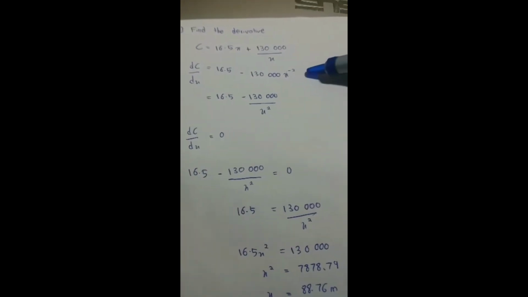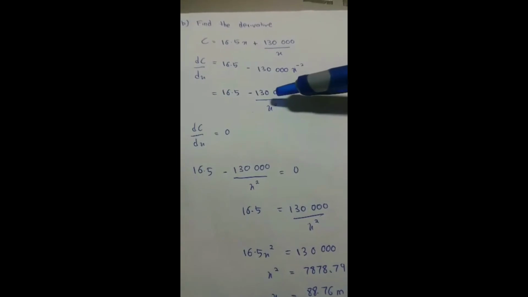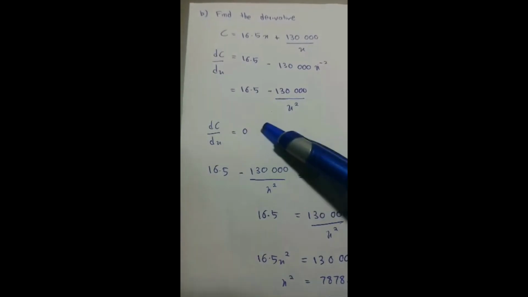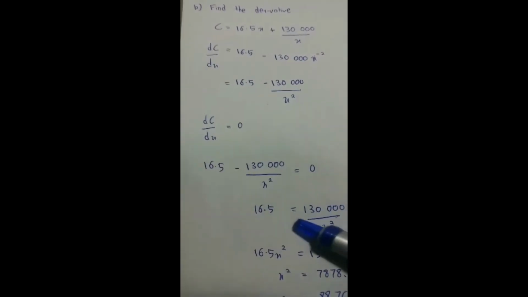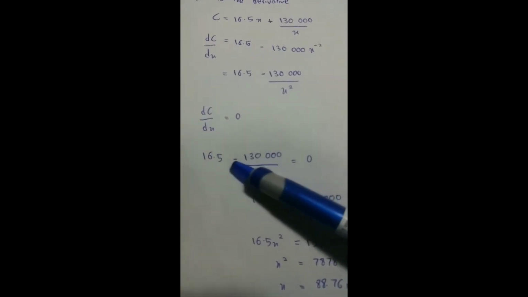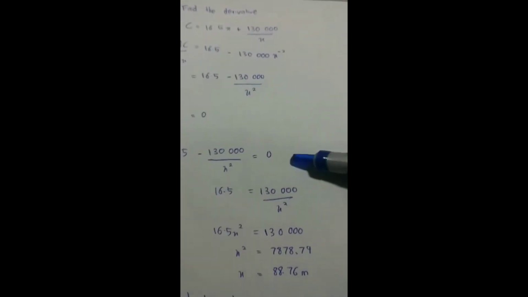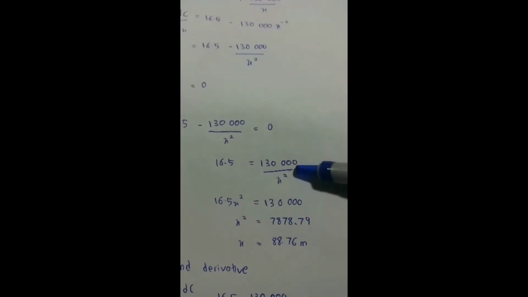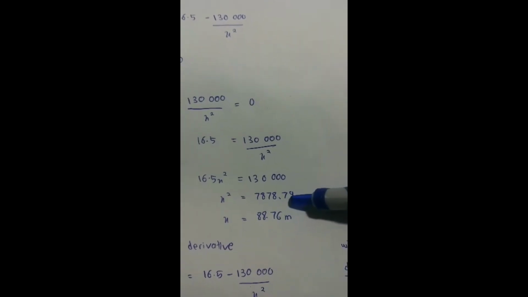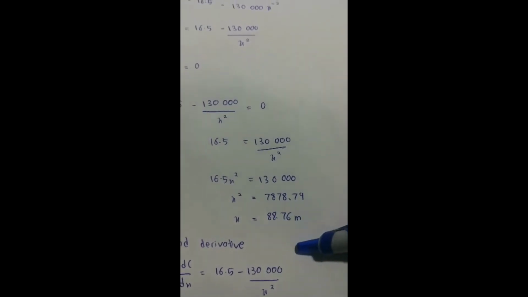Then we put x to the power of negative 2 below, so 16.5 minus 130,000 over x squared. Then we set dC over dx equal to 0 to find the value of x. So 16.5 minus 130,000 over x squared equals 0. Then x squared equals 7,878.79, and last, x equals 88.76 meter.